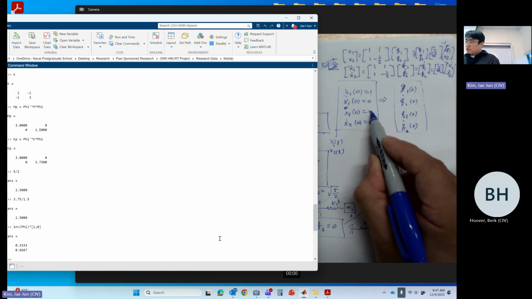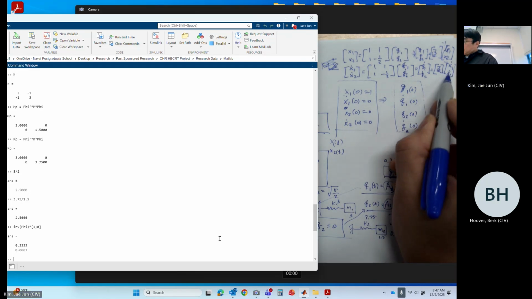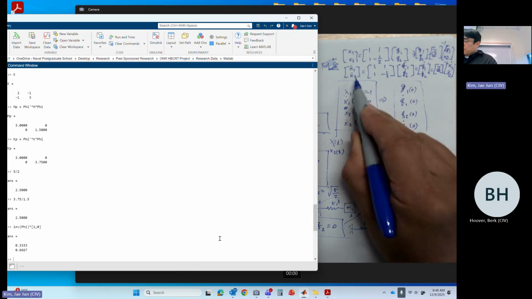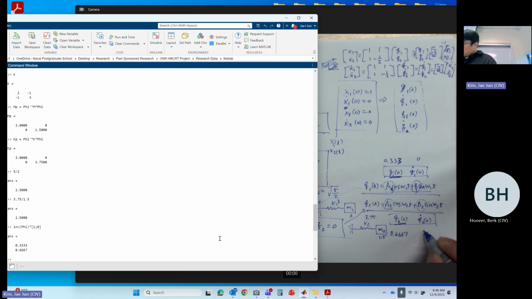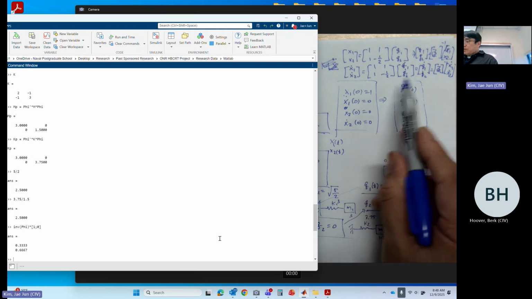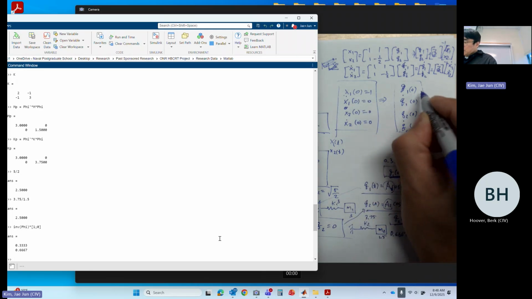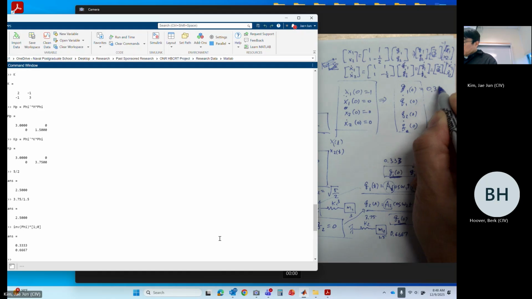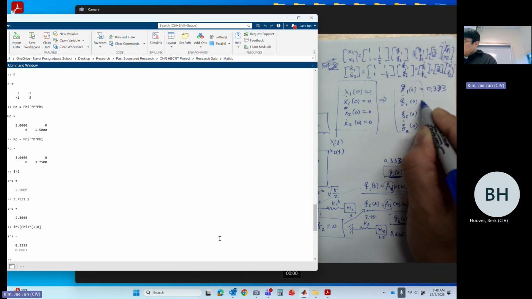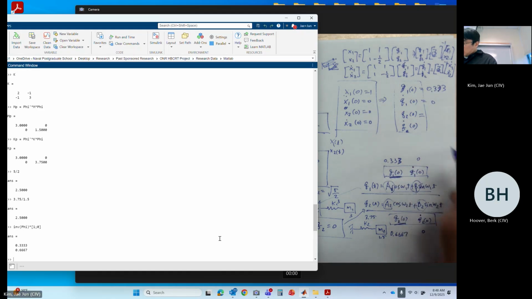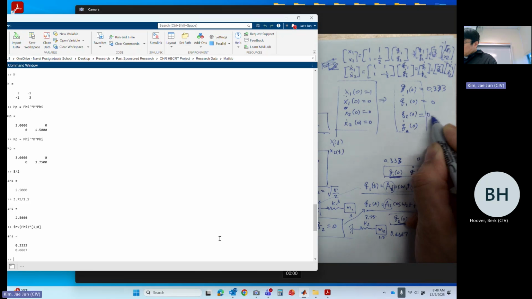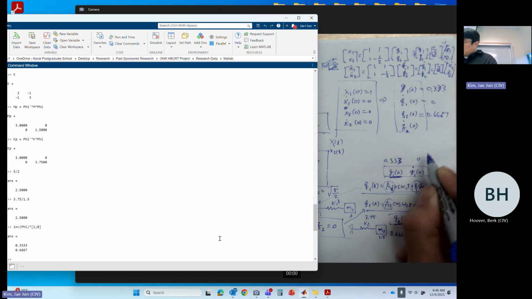And then same thing, 0, 0. So if it's 0, 0, velocity is also 0. So it's going to be 0, 0, right? So you can compute the initial conditions in physical coordinate into modal coordinate, which is 0.333 and 0, and 0.6667 and 0.